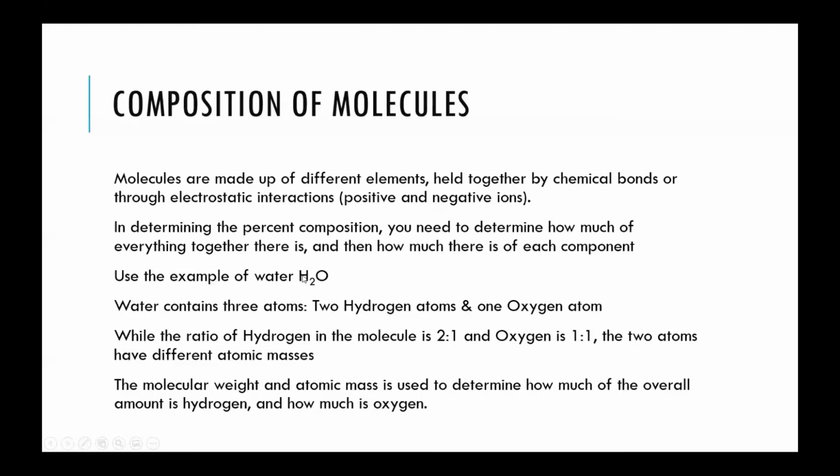So while, based on just the number of atoms, there are more hydrogen atoms present in a molecule of water, the overall amount is more heavily based on oxygen than the hydrogens. So looking at these ratios between how many atoms there are in molecules and what percentage of that is what this experiment is focusing on.